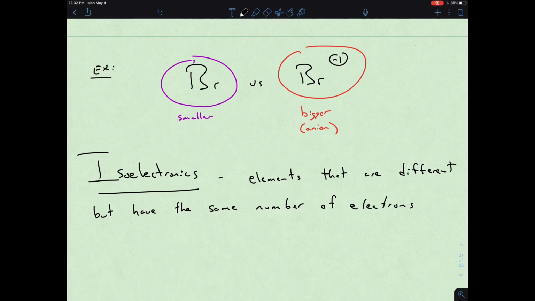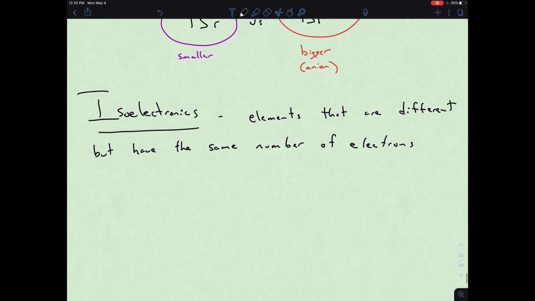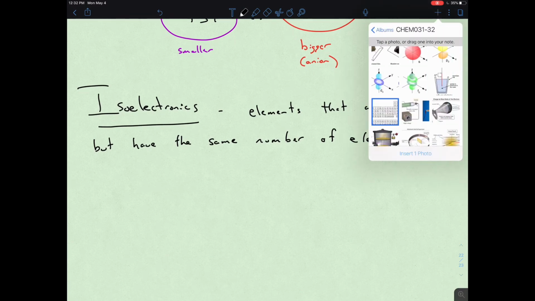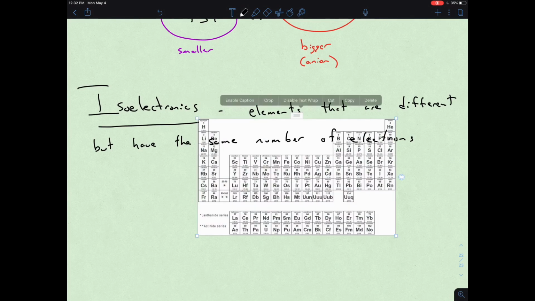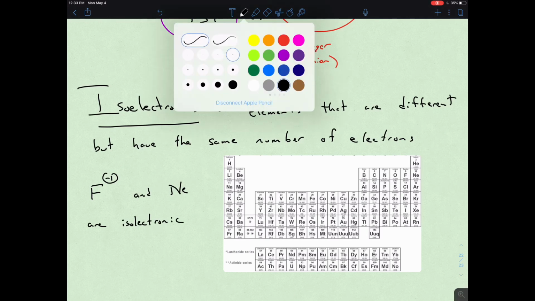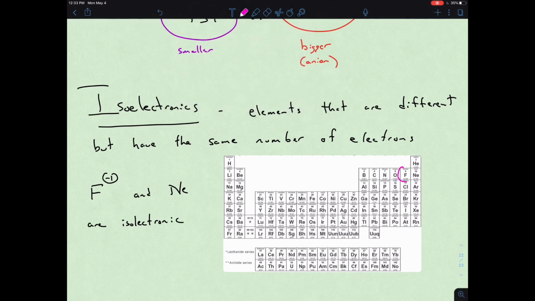So, for instance, if we were to look at the periodic table, and if we were to look at fluorine -1 and neon, these are both isoelectronic. Fluorine is here, and the neon is there.